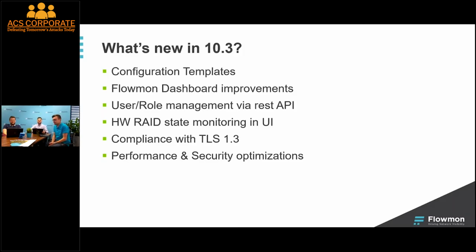Okay, cool. So let's jump into Flowmon 10.3. What's new there? The top news from my perspective is configuration templates, which is something allowing users to go online with Flowmon very fast to have their data and configuration in a few clicks.